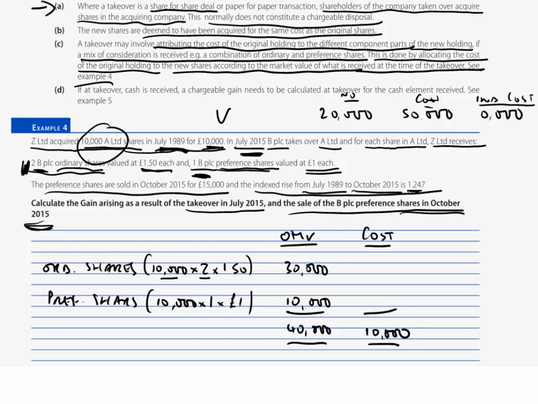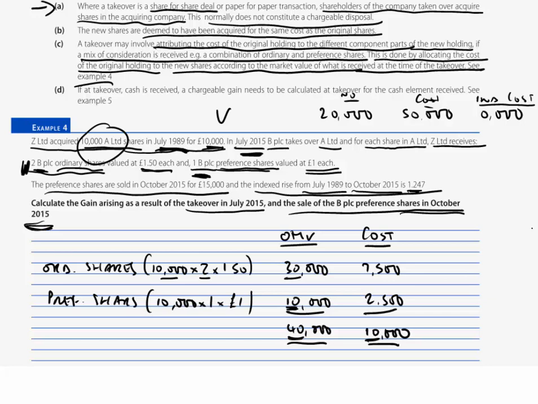So, using these market values, 30,000 out of 40,000 times 10,000, 30/40ths of that cost, i.e. 3/4, £7,500 of the original A Limited share cost of 10 belongs to now our ordinary shares held in BPLC. Then 10,000 over the self-same 40,000 times still 10, the other 1/4 of the 10,000 cost, i.e. £2,500, is attributed to the preference shares.